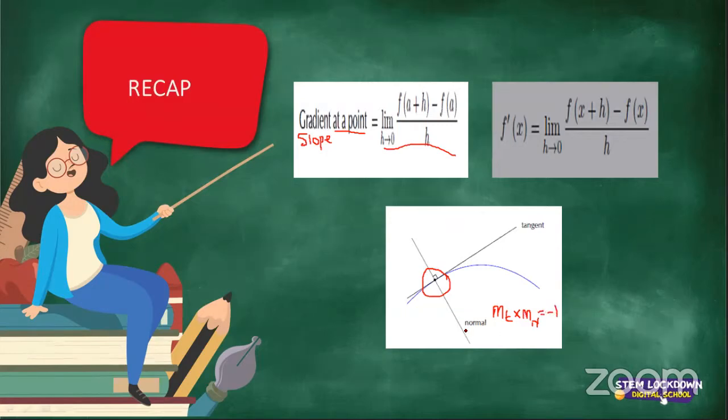I hope you still remember this from grade 11, that if you have perpendicular lines, the product of their gradients will give you -1. So if you want a gradient at a point, you can either use the limit or just the rules of differentiation that we learned.